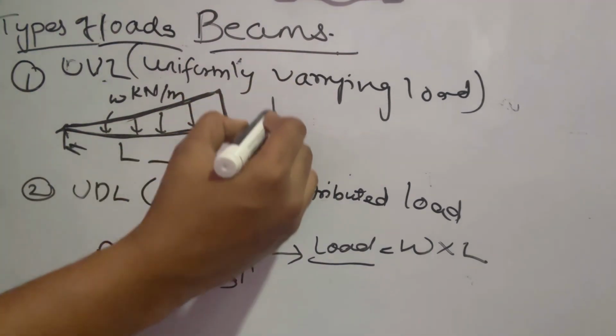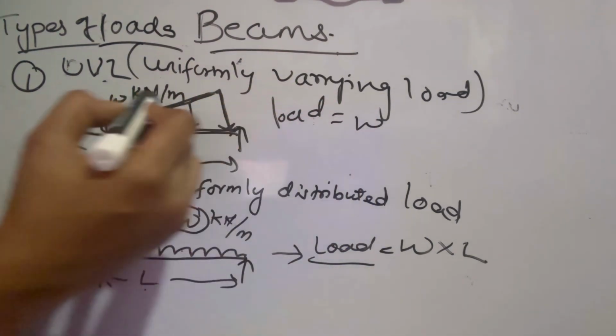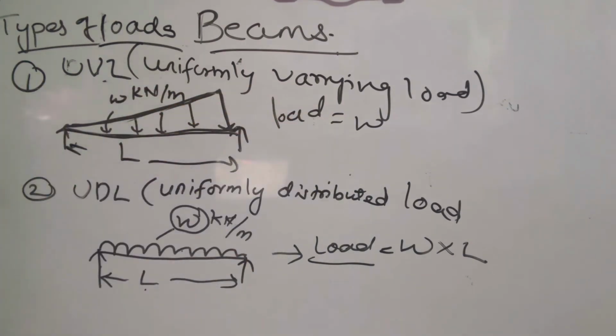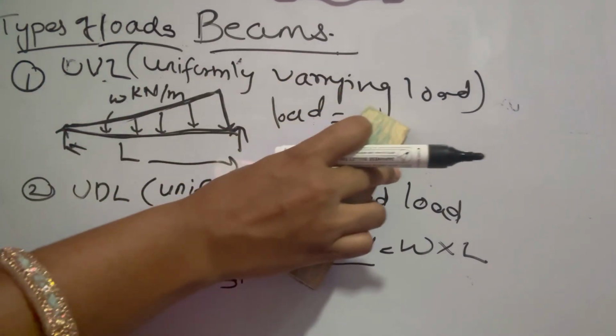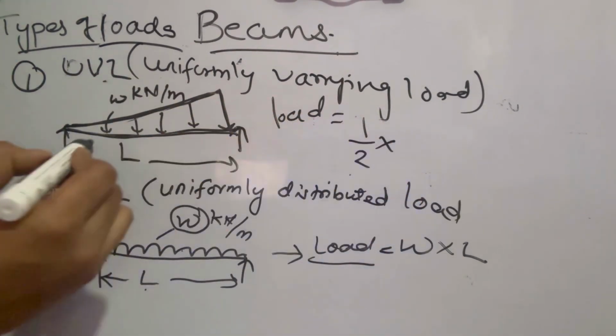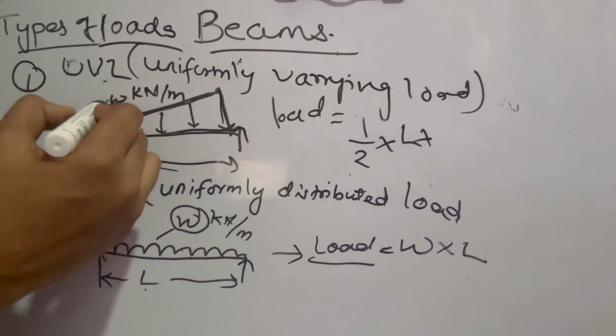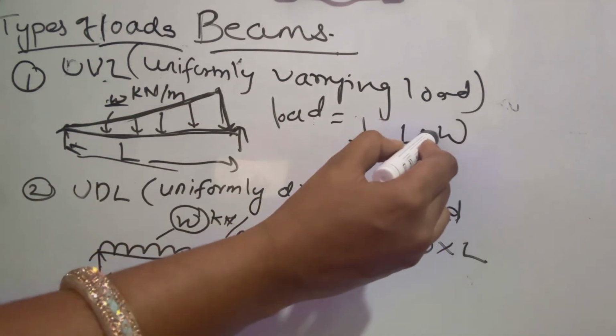And how will you convert this UVL into point load? The formula you have is half into base into height. That is the area of the triangle. So half into base, where the base is L, and the height is the intensity of the load.